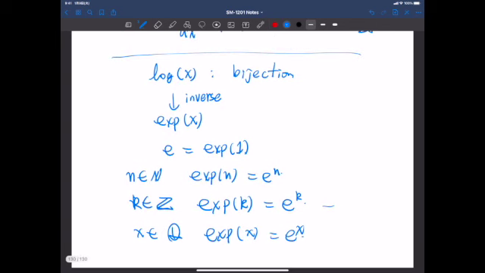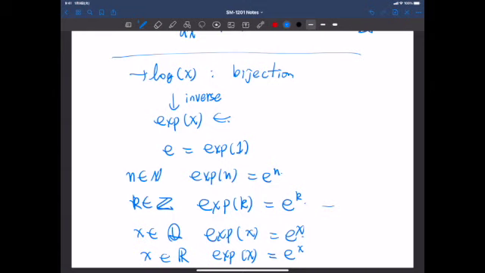Then by using the continuity of the logarithmic function, we finally obtained this relation for any real numbers. So the inverse function of logarithm is indeed an exponential function.